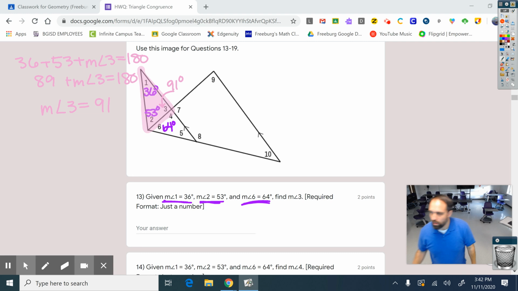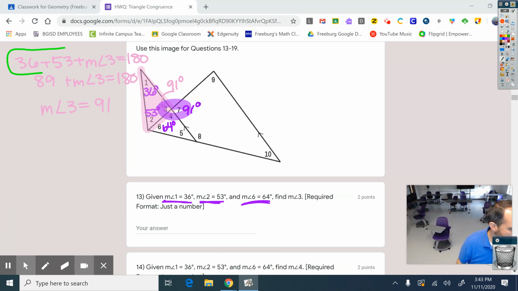Okay. Two things that we'll be able to quickly fill in now. First is these are vertical angles, so you probably already identified that angle 7 is also 91 degrees. That's good. You'll also remember from our exterior angle theorem we just talked about that the sum of these two remote interior angles is equal to the exterior.